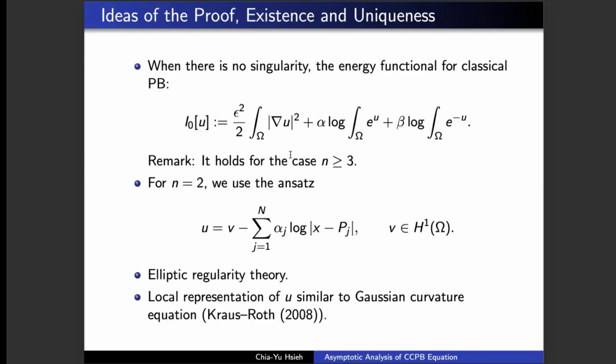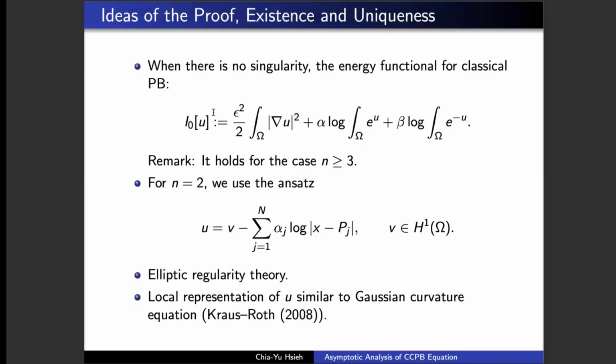So we can write down the energy functional for this equation, and we can apply the direct method in the calculus of variations to minimize this functional over all H1 functions with trace U_0, the boundary condition, and then we can obtain the solution of the Poisson-Boltzmann equation.